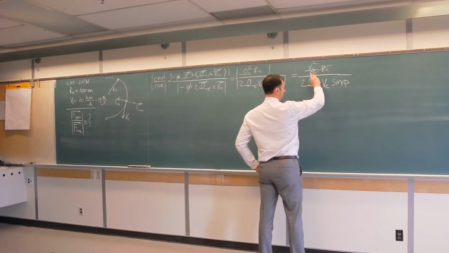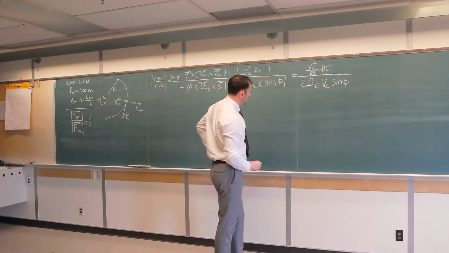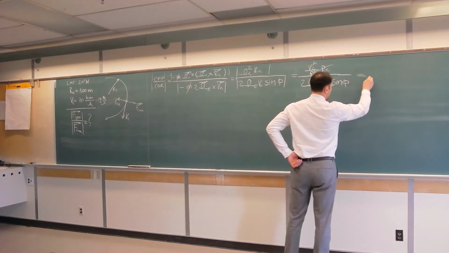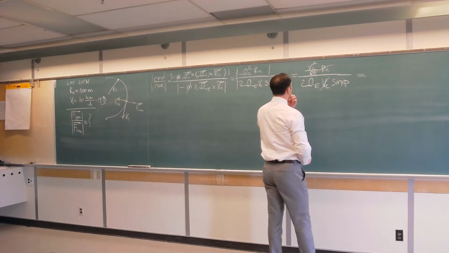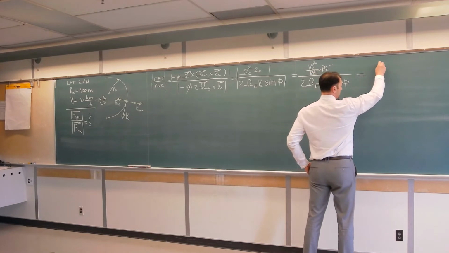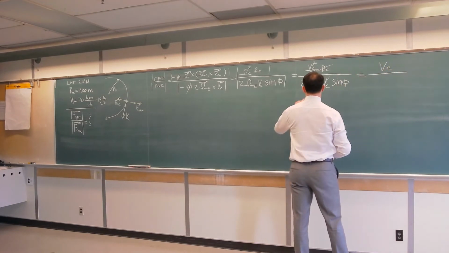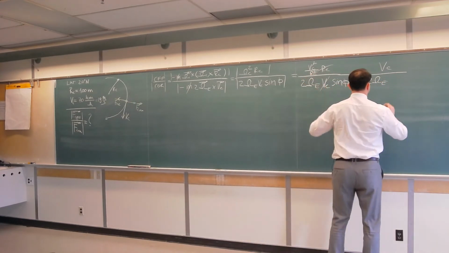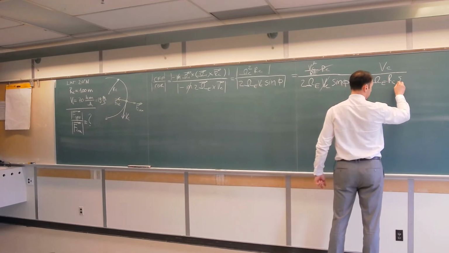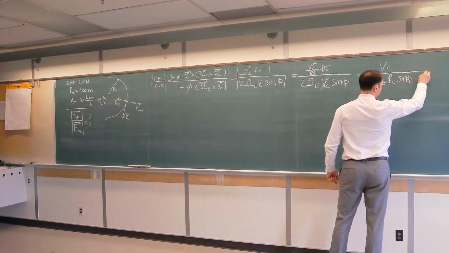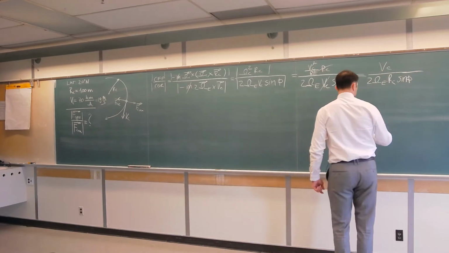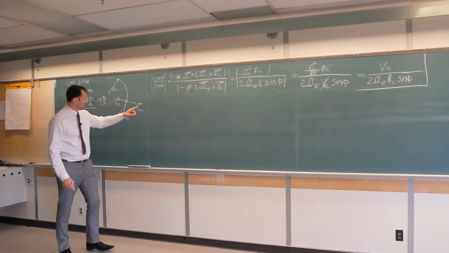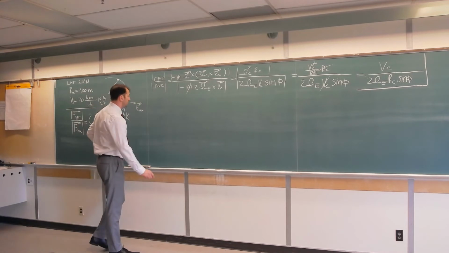Radius of the car and this square cancels, and this VC and this square cancels, and we get that this is equal to VC, velocity of the car, over 2 omega Earth. This RC will drop down and I get sine phi. And this is our solution. So this is the ratio of centrifugal force to Coriolis force.